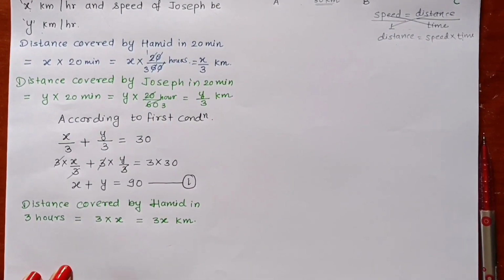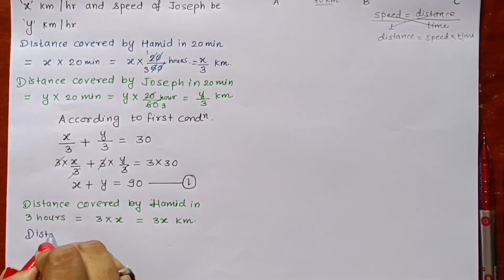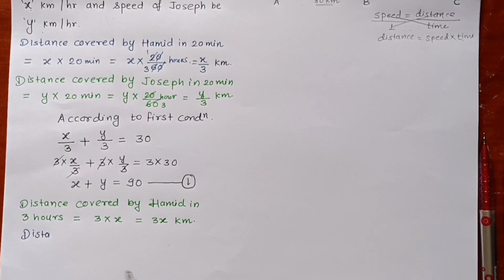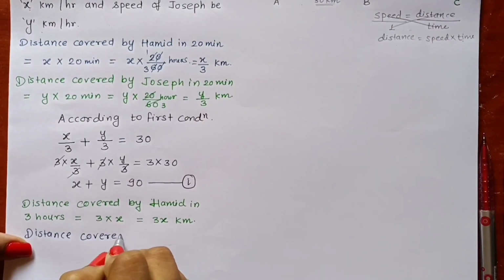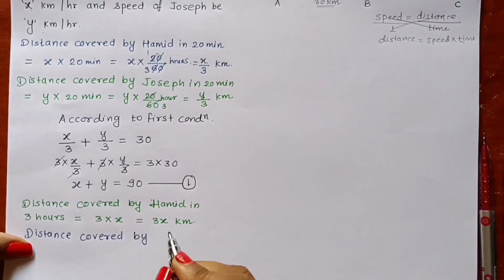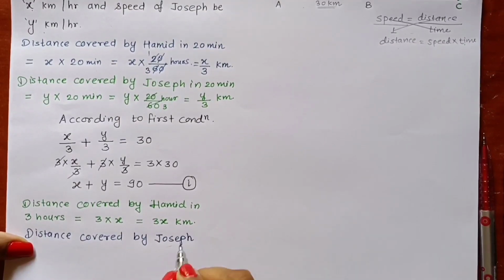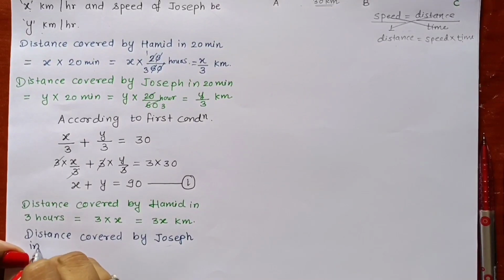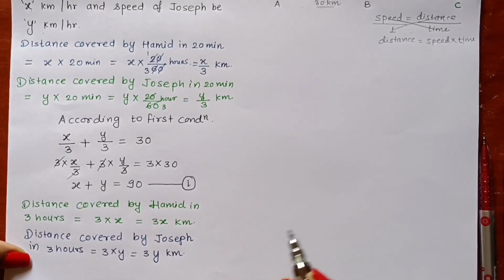Similarly, distance covered by Joseph in 3 hours is equal to 3 into y, is equal to 3y kilometer.